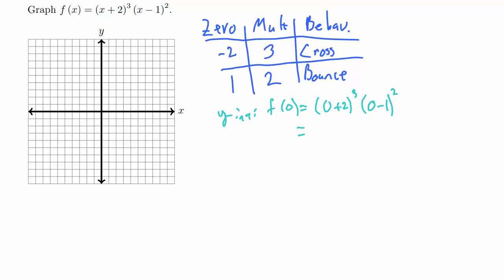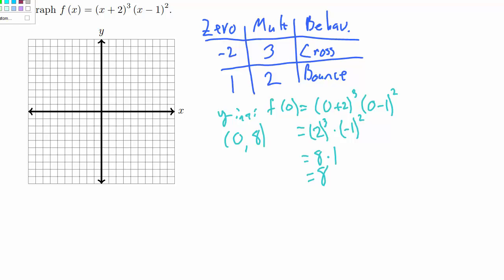Then you simplify. 0 plus 2 is 2, so that's 2 cubed times -1 squared. 2 cubed is 8, -1 squared is 1. So that just gives you 8. So your y-intercept here is (0, 8).